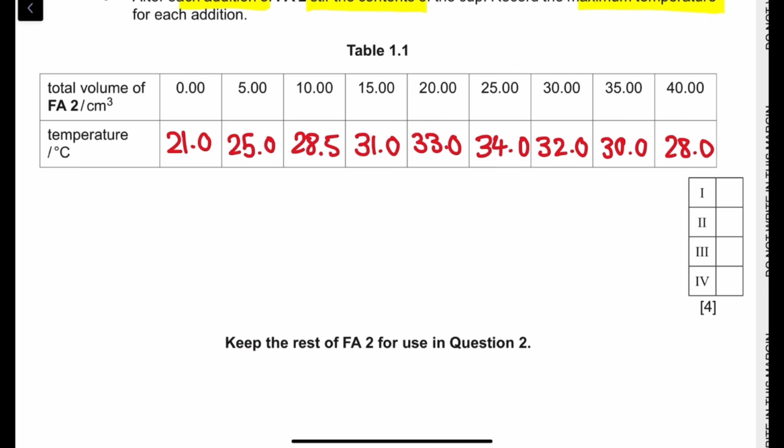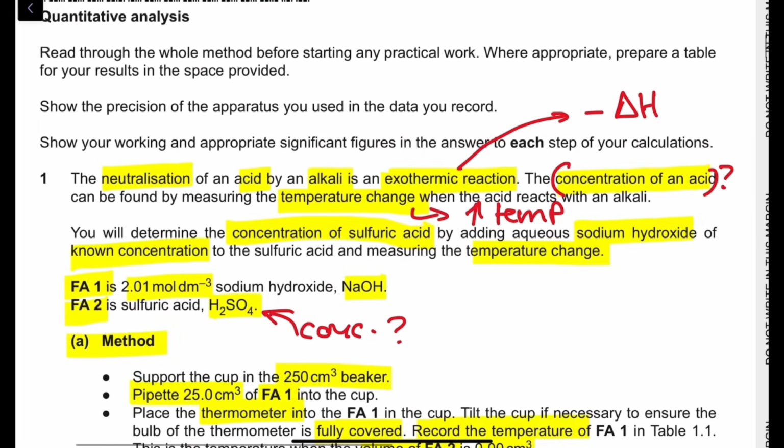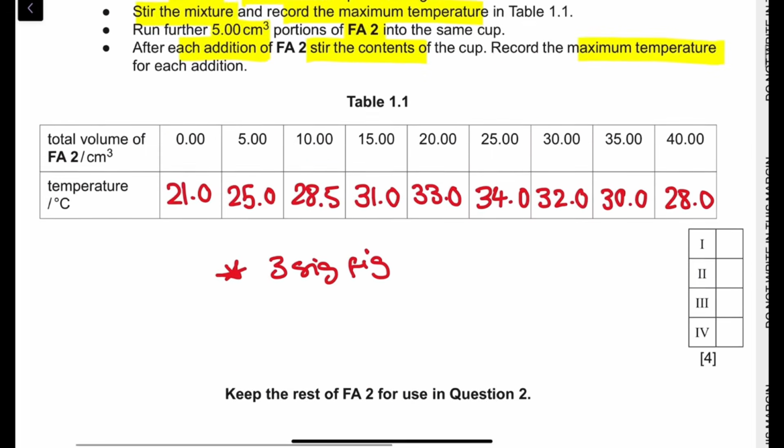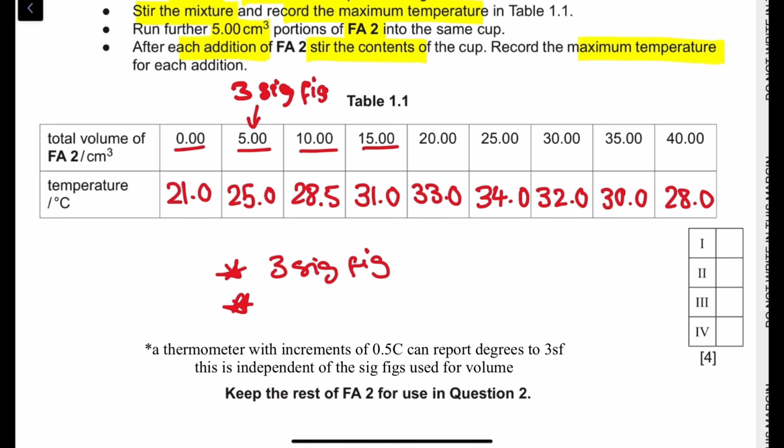So I've provided us with some estimates for temperature readings at the different additions, and there are just 2 things we need to note. The first is that all our answers should be to 3 significant figures, because the question asks us to use appropriate significant figures. The second is that all our temperature values must end in 0.0 or 0.5.